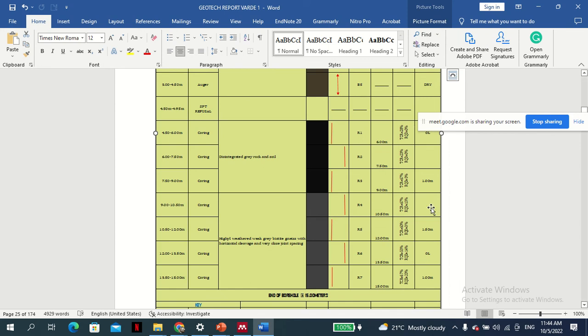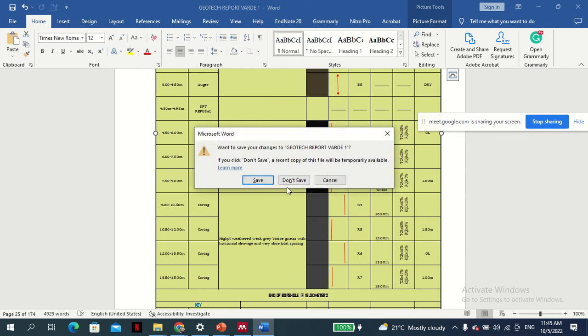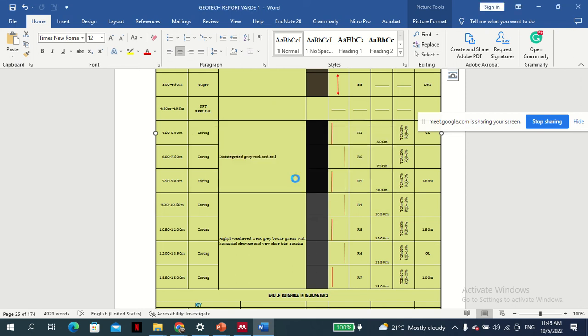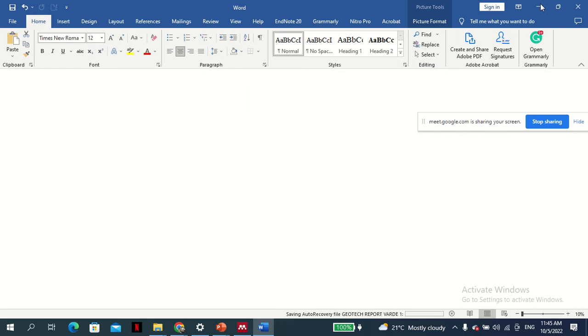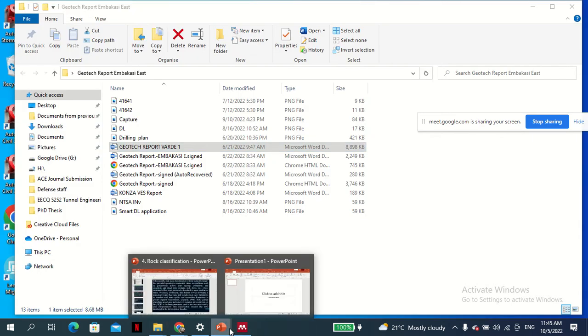Even today, when you're doing site investigation in rock, this is a very important parameter that has to be logged when you're doing excavation.